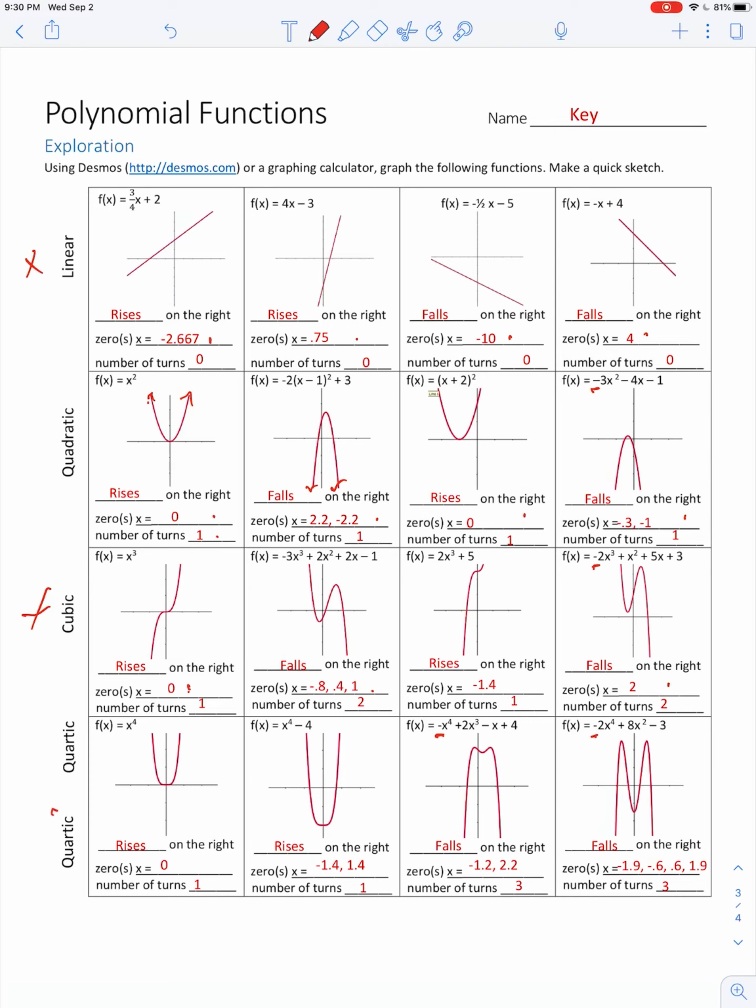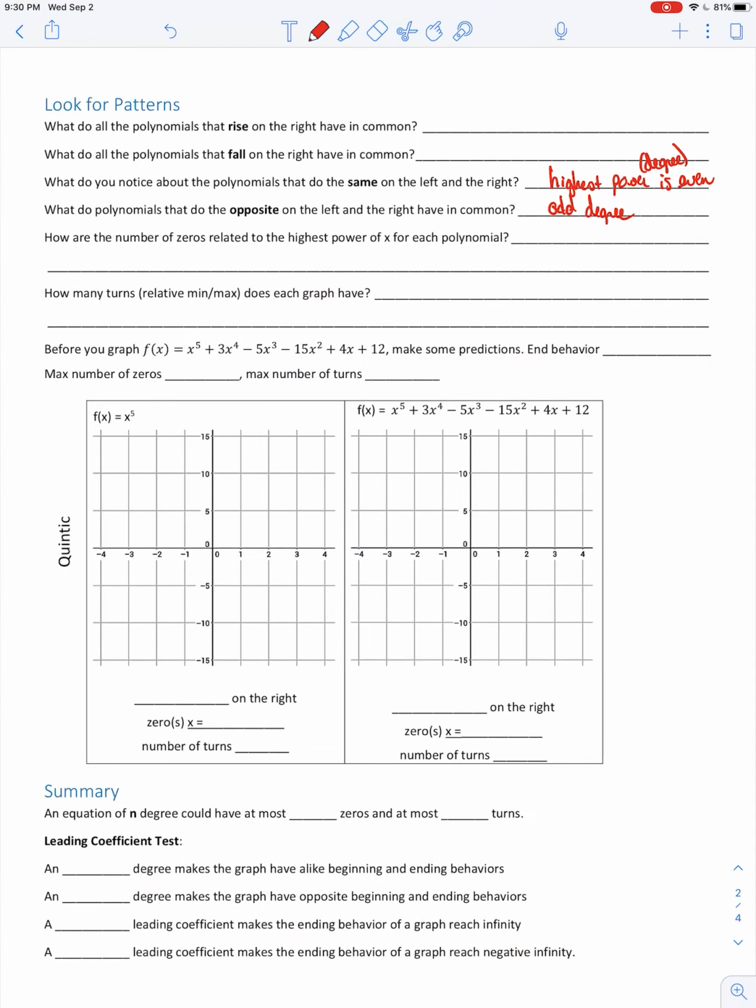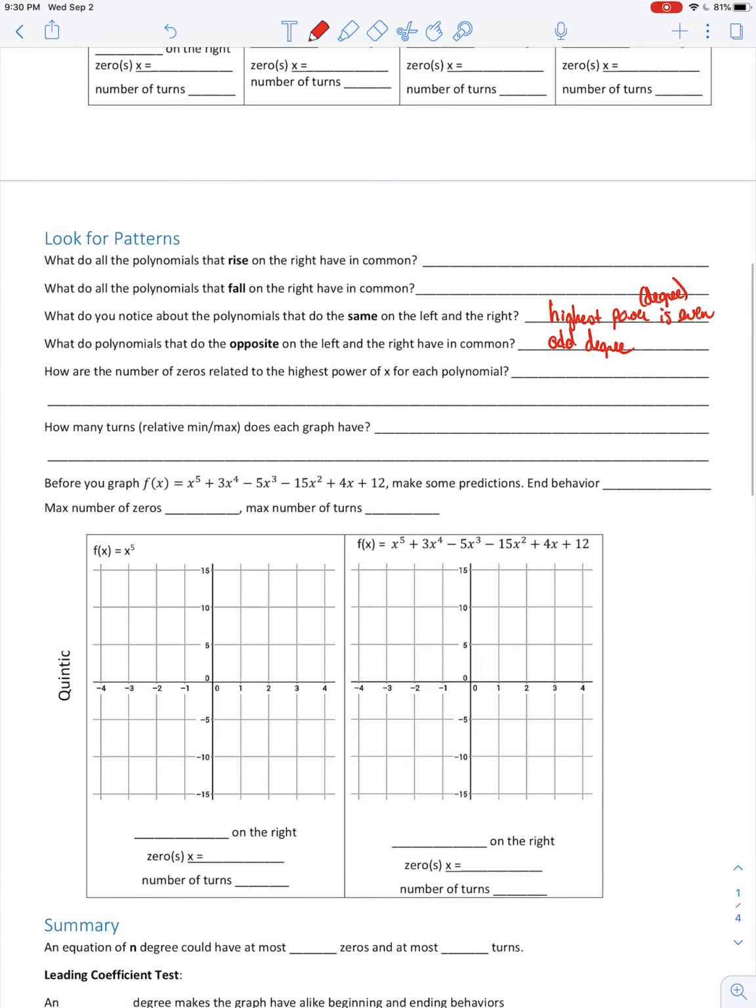And then the quartic has 1 or 2 or 4. So it appears that a quartic can have up to 4. Quartic means 4, up to 4. So it appears that the number of zeros are based on the highest power of x. X's degree, or less, are the number of zeros.